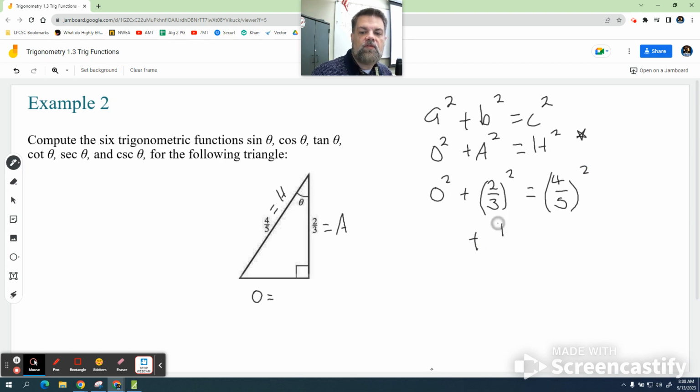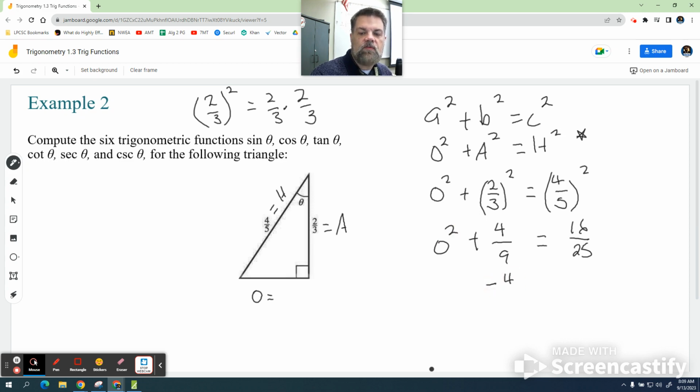And then this becomes 4/9, right? Because remember that 2/3 squared is the same as 2/3 times 2/3, right? Over here, this would be 16/25, yes? And then over here, this is just going to be o squared. We don't know what that is yet. That's the opposite squared.